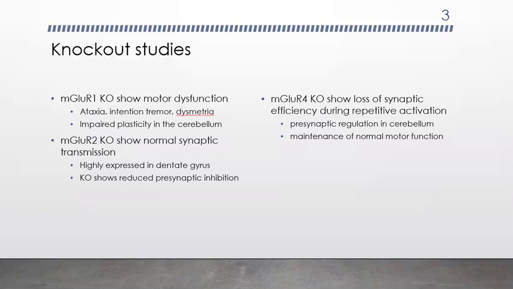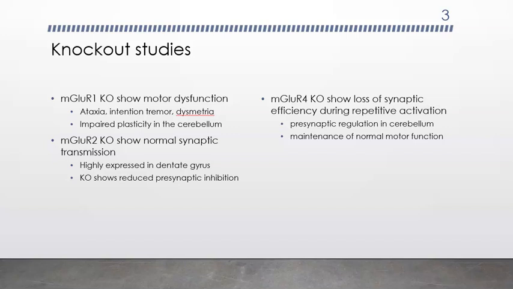There has been a number of knockout studies to see what the role of these receptors are, what would happen if we didn't have certain metabotropic receptors. And so mGluR1, so remember that's one of the group 1 receptors. If we knock out the genes for this receptor, then we see motor dysfunction.